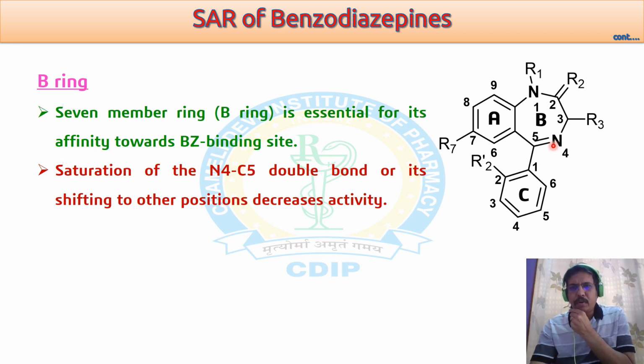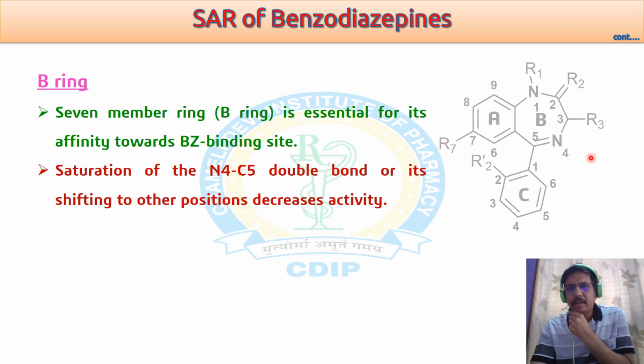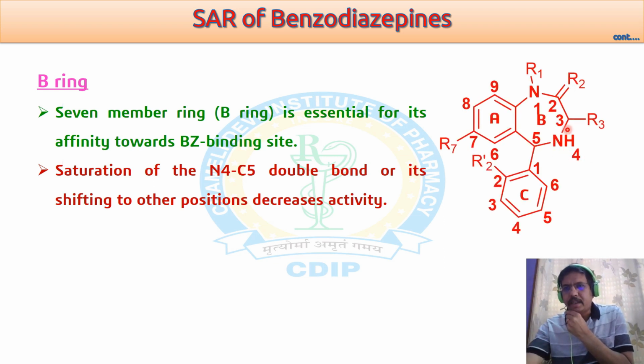So in both conditions, the activity decreases. Like this is the double bond position, and a change is possible. Yeah, here saturation takes place, and in that condition the activity decreases.